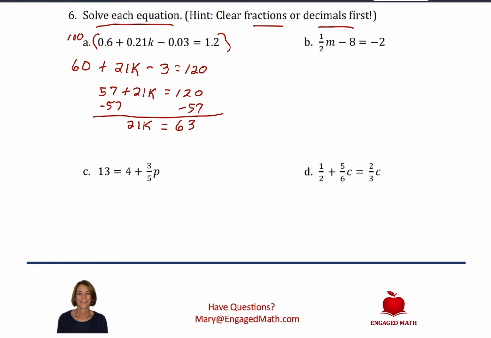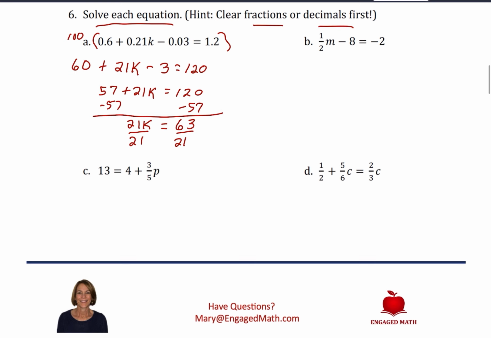So 120 minus 57, you could always write it out, but I love the mental math, equals 63. We divide both sides by 21. Not by 2k, by 21. So the 21s cancel, and we have k equals 3.